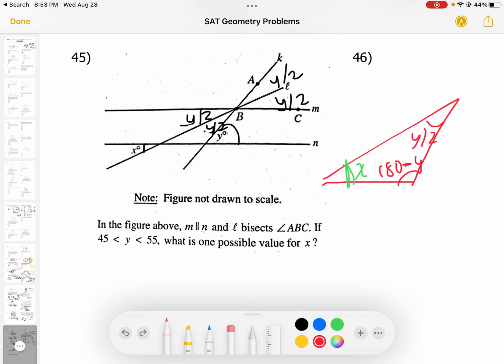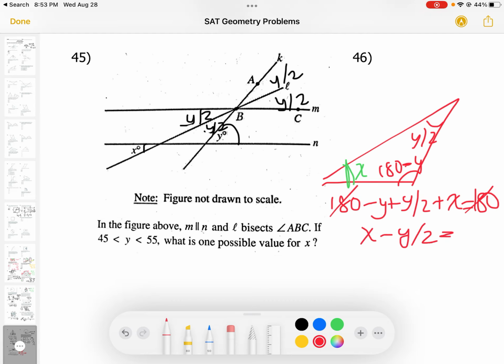So we can just write an equation here. We can say 180 minus y plus y by 2 plus x is equal to 180, the sum of the angles in a triangle. Now the 180s cancel, so we just get x minus y by 2 is just 0. So we get x is equal to y by 2.